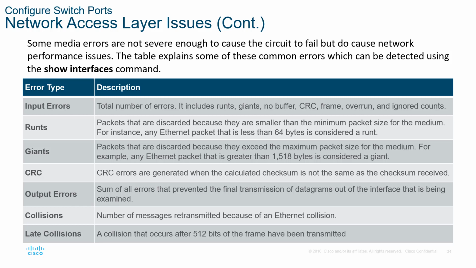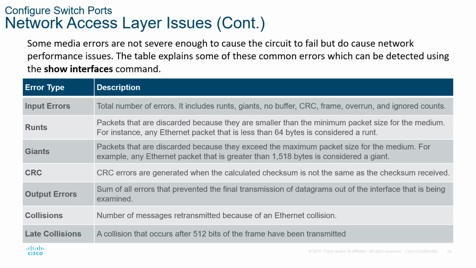A runt is a packet that is discarded because it is smaller than the minimum packet size. The minimum packet size is typically 64 bytes. That's a runt. A giant is anything above 1,518 bytes.